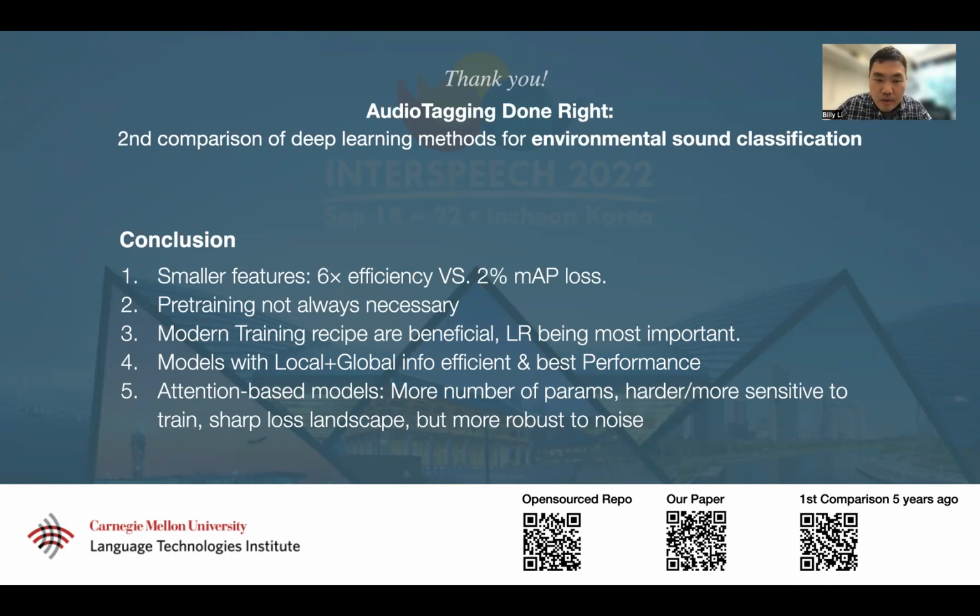Hybrid models with both global and local information awareness tend to have the best efficiency, striking a balance between efficiency and performance. Attention models necessarily have a lot more parameters, are more sensitive to train, and tend to have a sharper loss landscape. These are a recap of our findings.